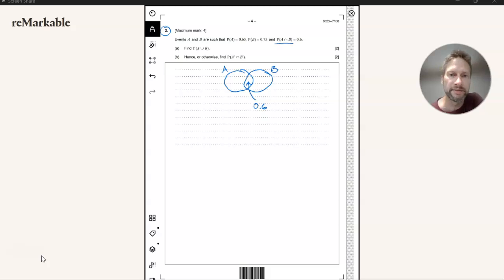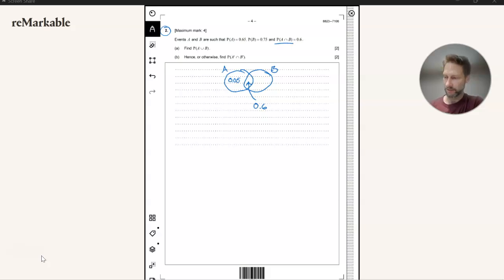It's a bit hard to put in the rest of the information because you can't really draw P of A, because it includes the intersection. But we can already mentally subtract and say, well, if all of this is 0.65 and we have 0.6 in here, then this is 0.05, what's left. And same goes for the other one.